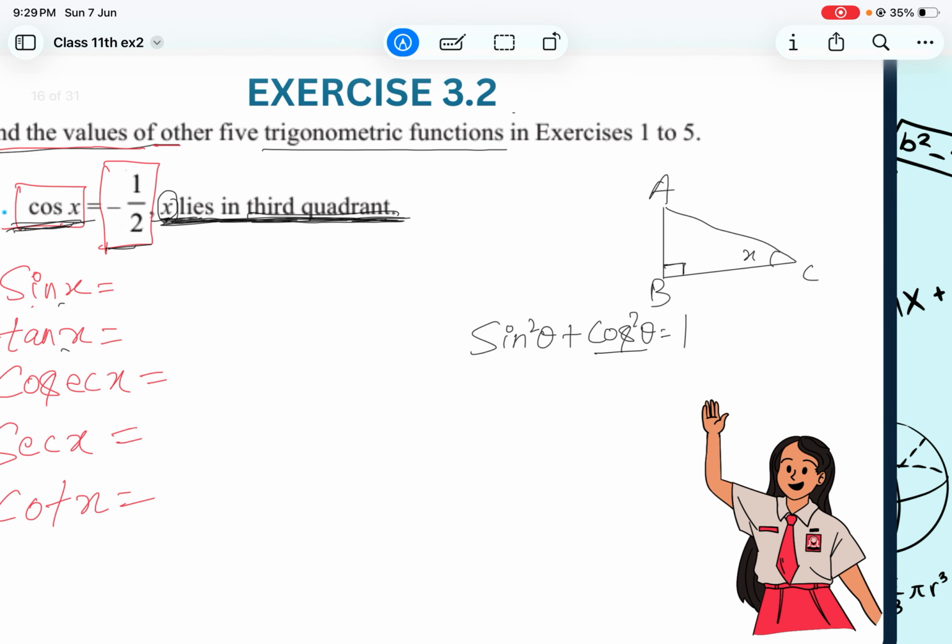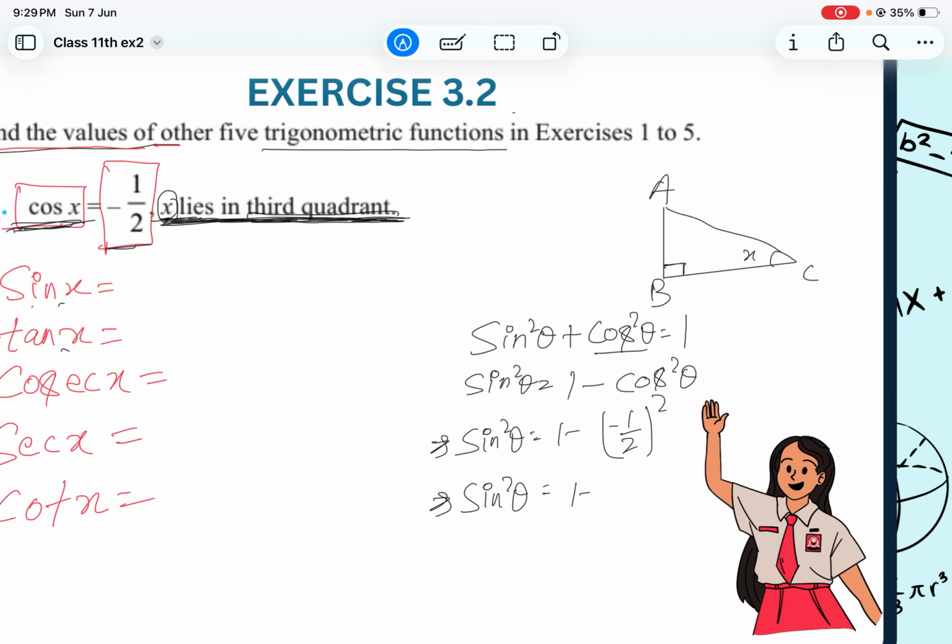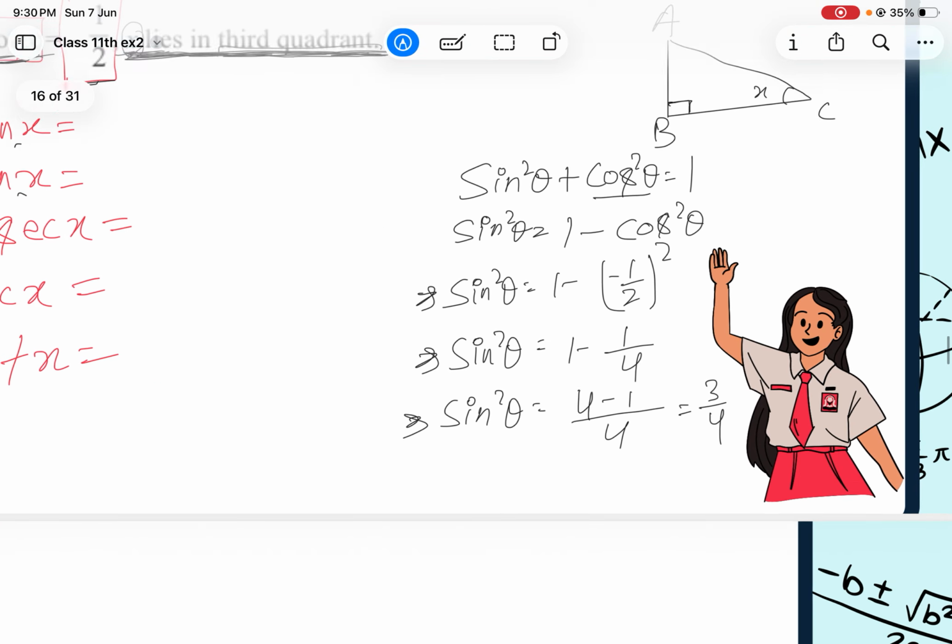So we have cos, right? So sine square theta equal to 1 minus cos square theta. So sine square theta equal to 1 minus, we have cos as minus 1 by 2, whole square. Sine square theta equal to 1 minus 1 by 4. Sine square theta equal to 4 minus 1, that is 3 by 4.